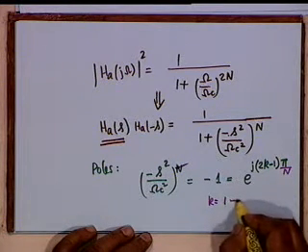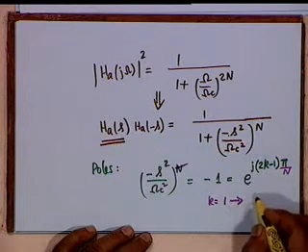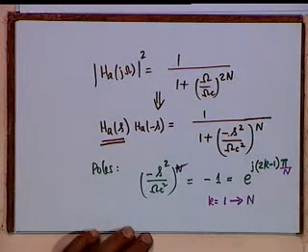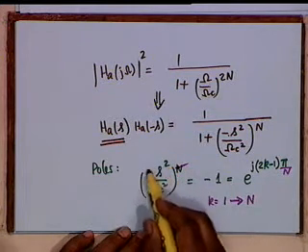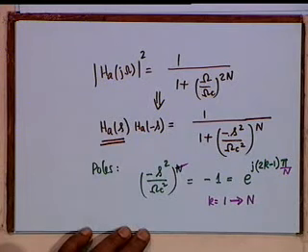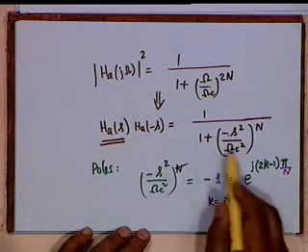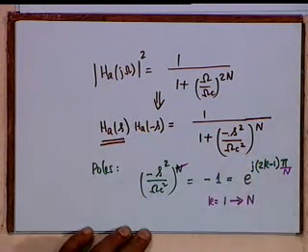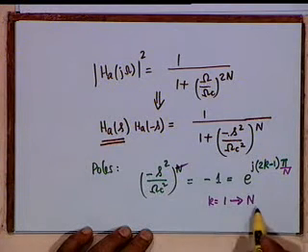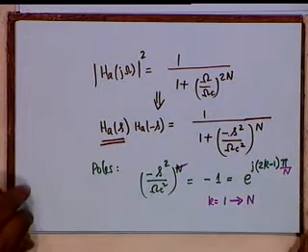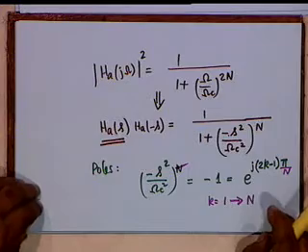K will go from 1 to n, because now in this form we are finding the values of S squared, and the total function shall have twice n number of roots. If I find for S squared it would be n number of roots. So, k goes from 1 to n, not n minus 1. I am not starting from k equal to 0, I am starting from k equal to 1.